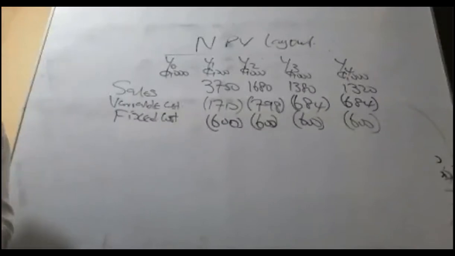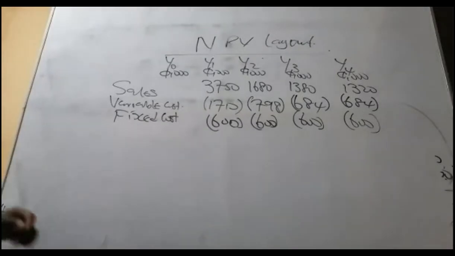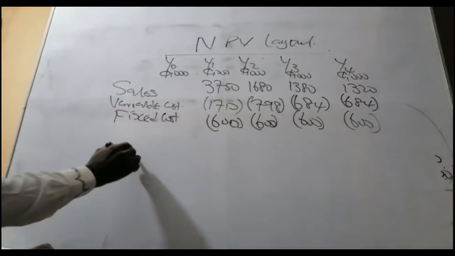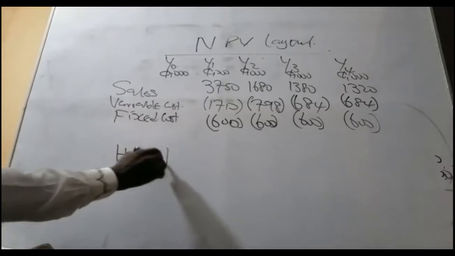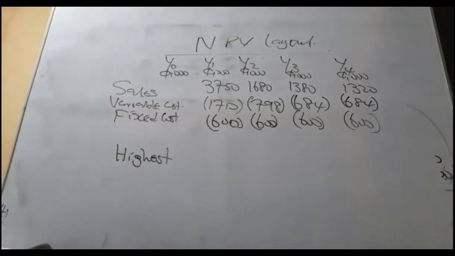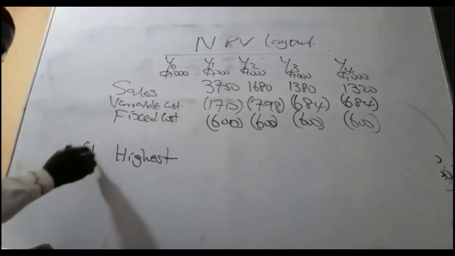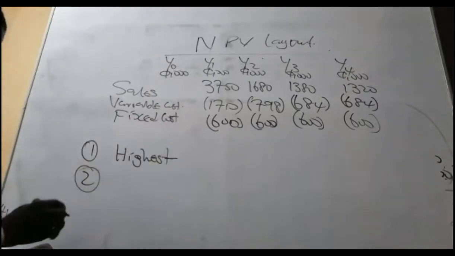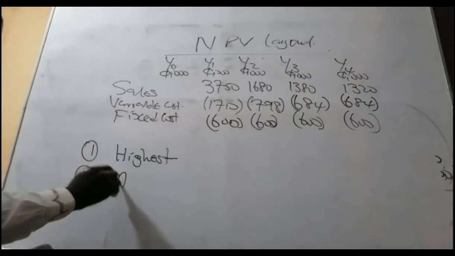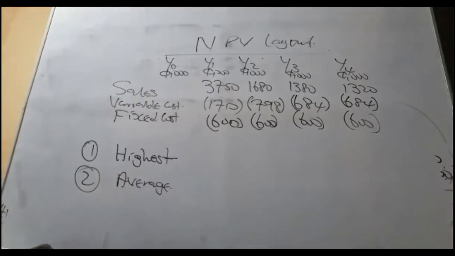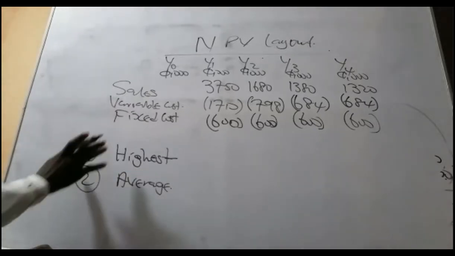Now, when you have something like that, look for the highest unit and value it, use it as the fixed cost. That's one approach. Approach number two, use the average or the normal activity, the average units.